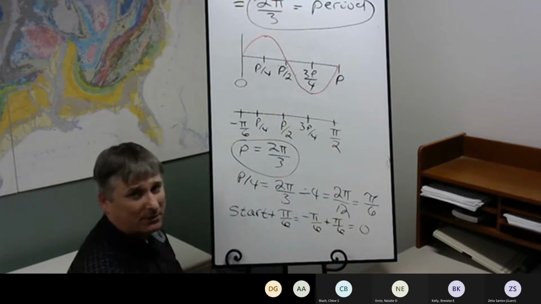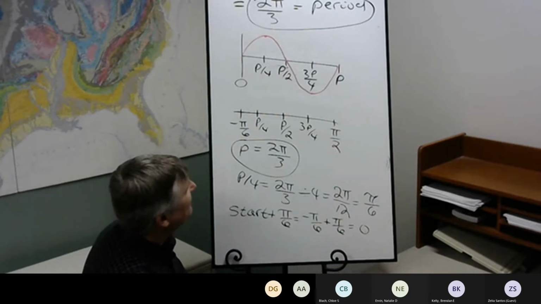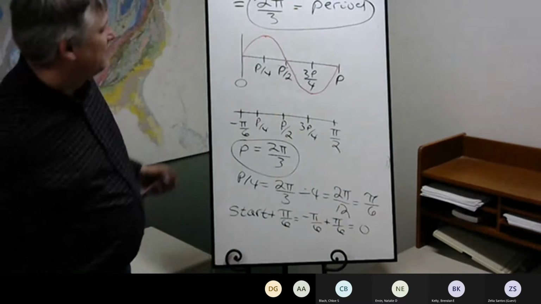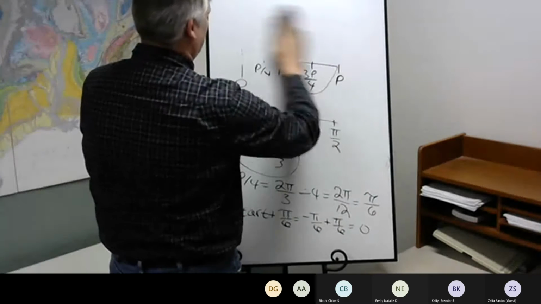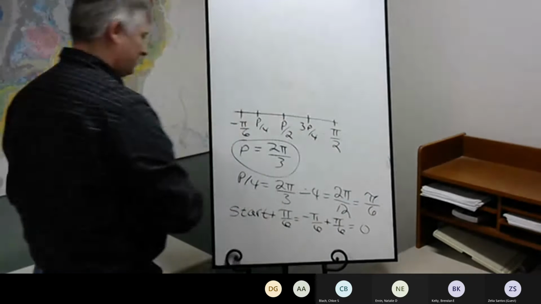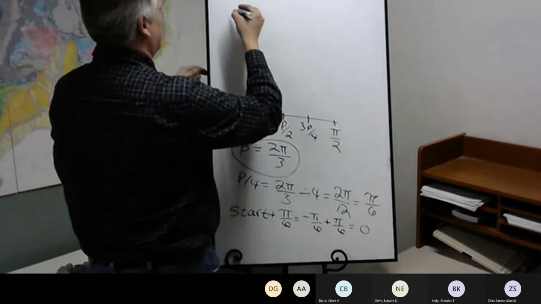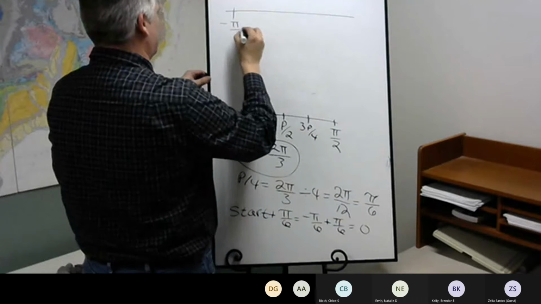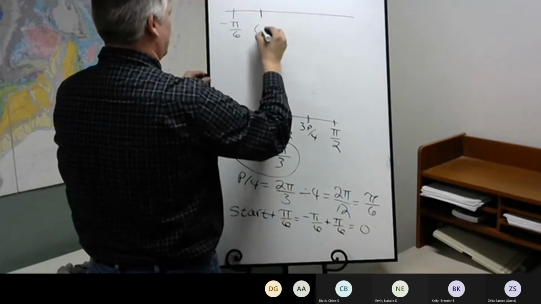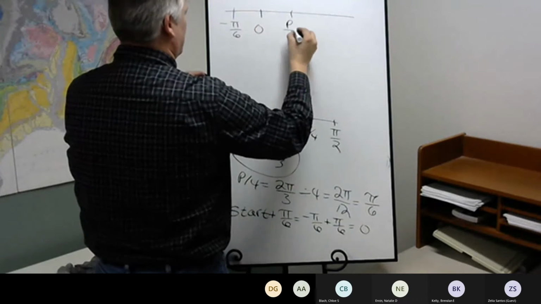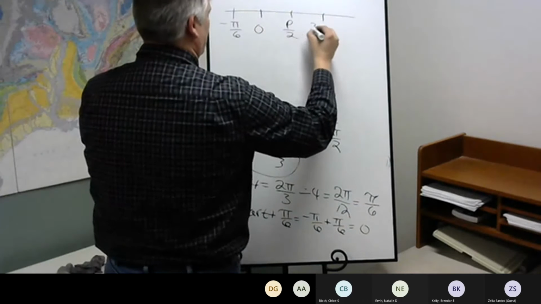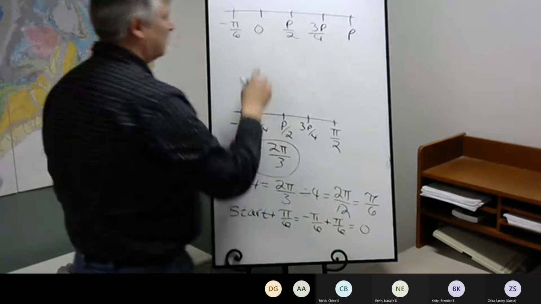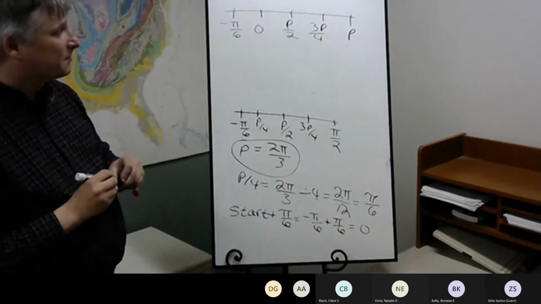That's going to actually give us our period over 4. So what that means, this next one's going to be 0.